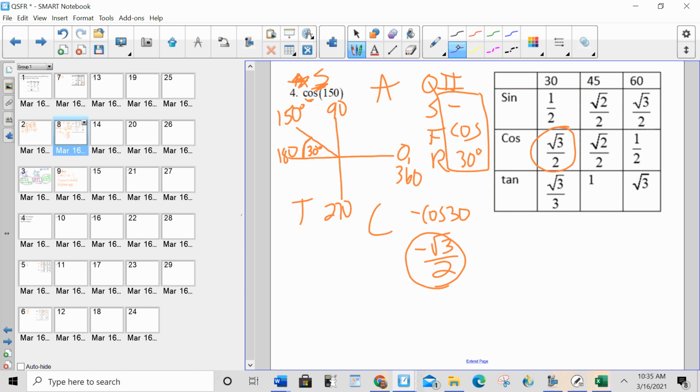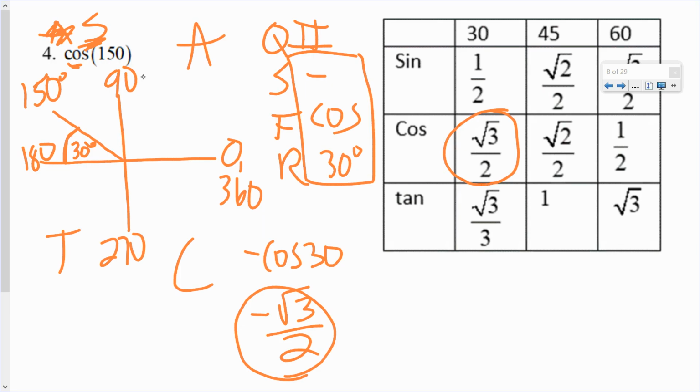What did I do? I sketched the angle, 150. I then listed my QSFR. Q is the quadrant it's in. And in quadrant 2, cosine is negative. My trig function was cosine, so I just listed that. And my reference angle is the angle that's made with the angle and the x-axis.